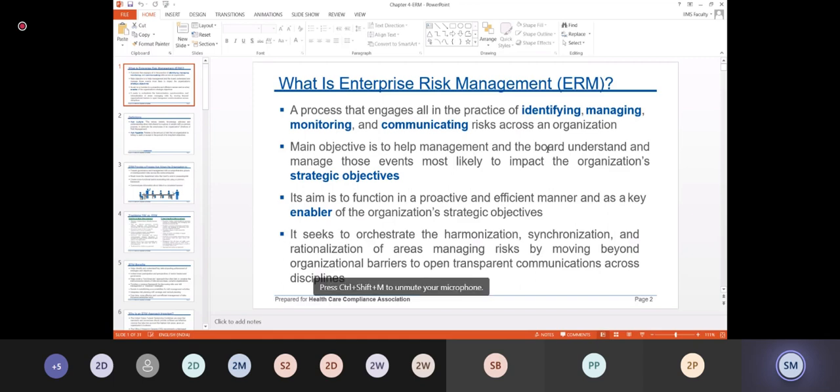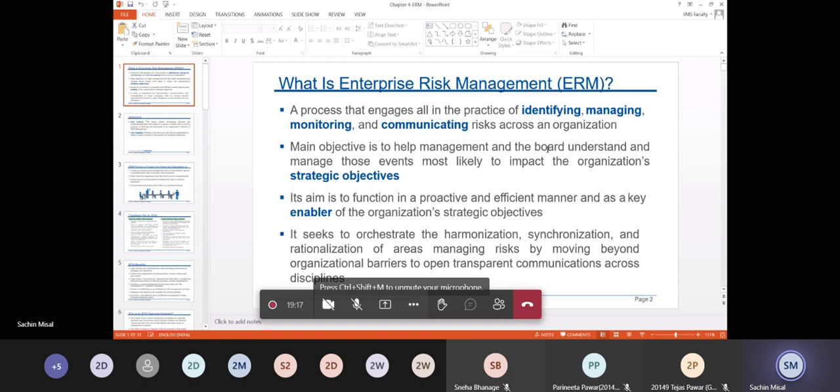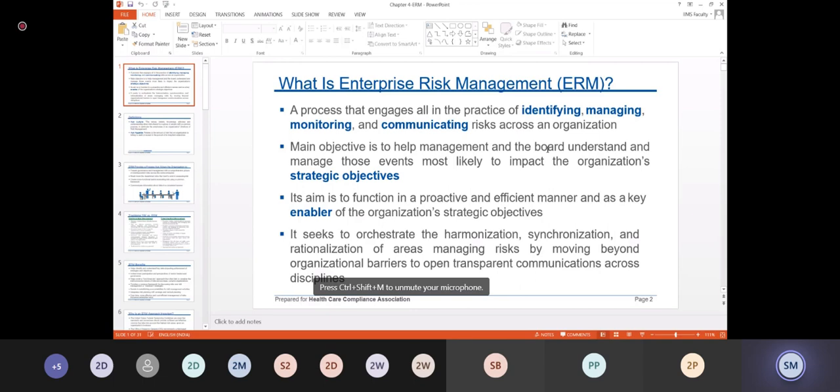Now coming to the second distinguishing point between ERM and traditional risk management. Traditional teams may use different processes, controls, metrics, languages, and frameworks for discussing a risk and risk mitigation strategy.